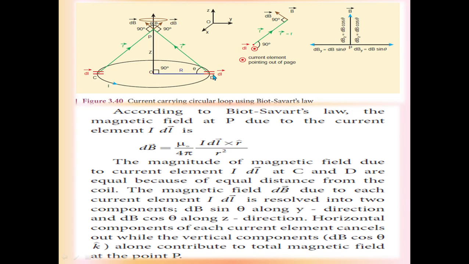The magnetic field dB vector due to each current element I dl vector is resolved into two components.